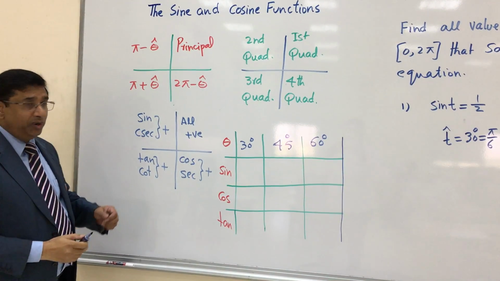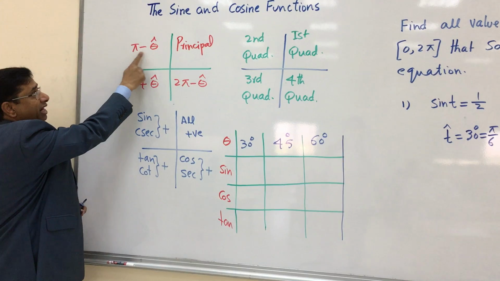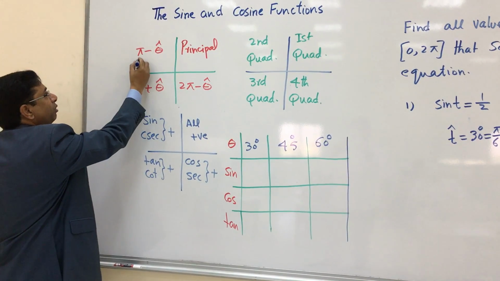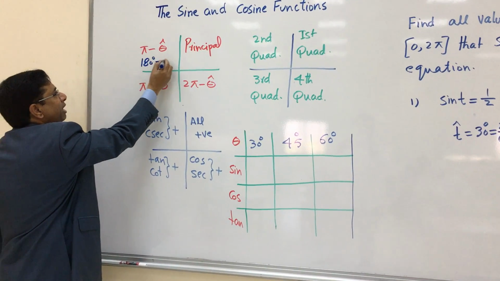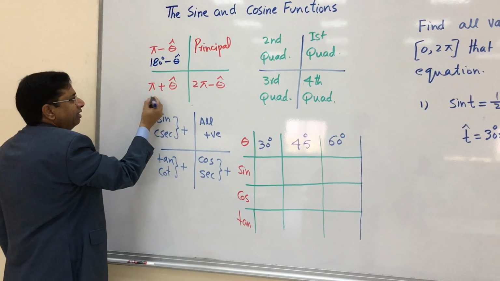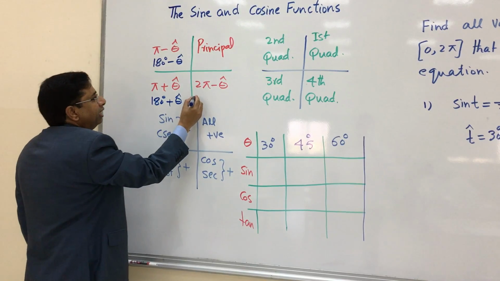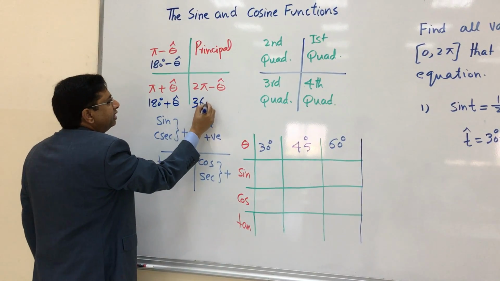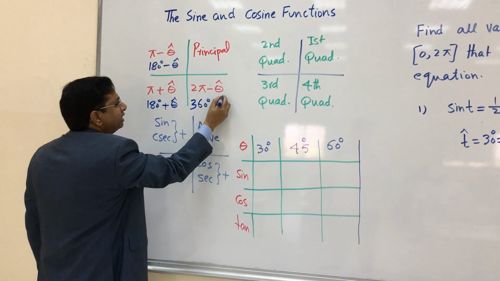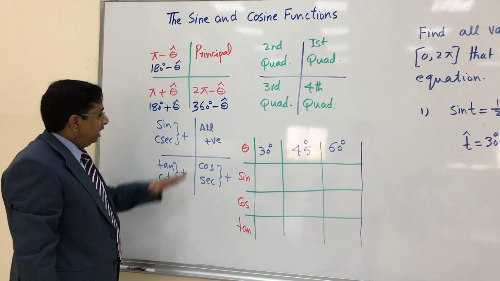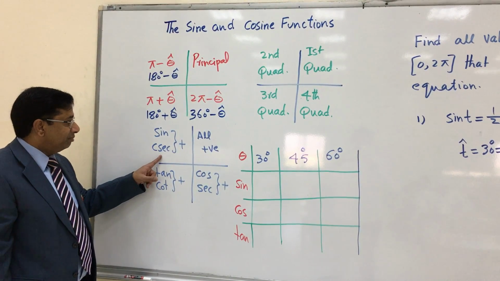And you know pi means 180, so 180 degree minus theta, 180 degree plus theta, 360 degree minus theta. It's the same thing. And then we need to remember this table.